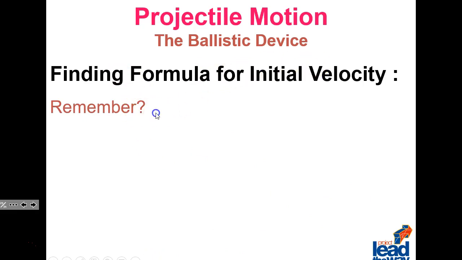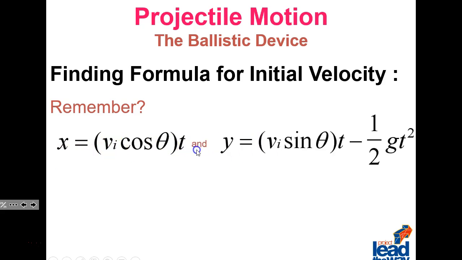So finding the formula for initial velocity, remember that range is equal to VI cosine theta, where VI is the velocity of the projectile along its trajectory, multiplied by time. And the y position is equal to VI sine theta times t minus 1/2 g t squared.